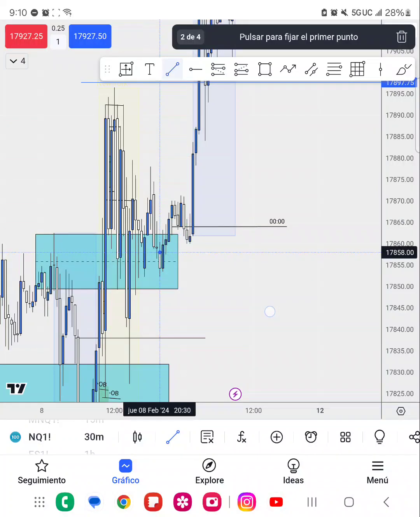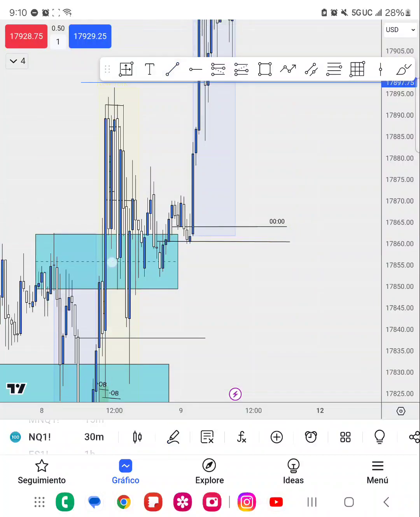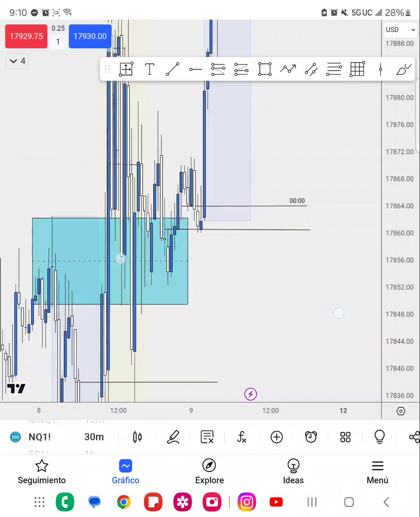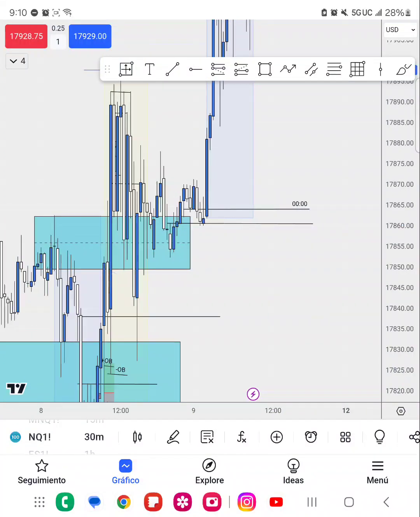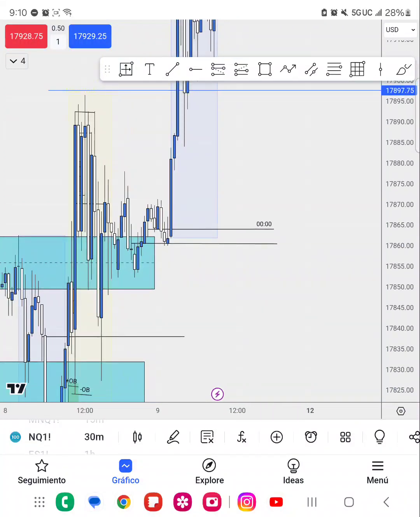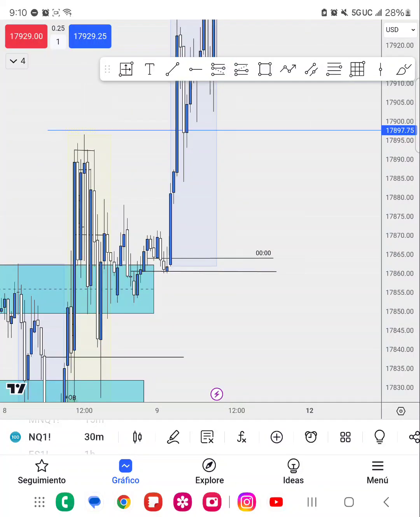We traded down to this order block right here, literally at 1:30 in the morning, before London open, we traded into this order block right here. So that will be open.